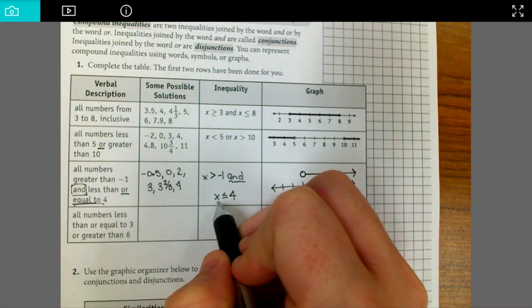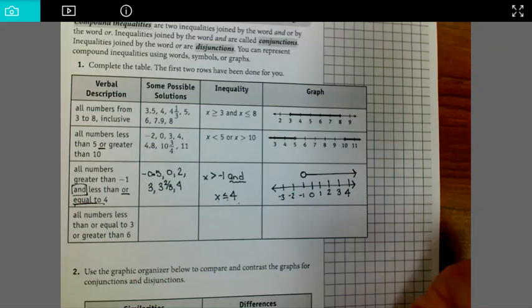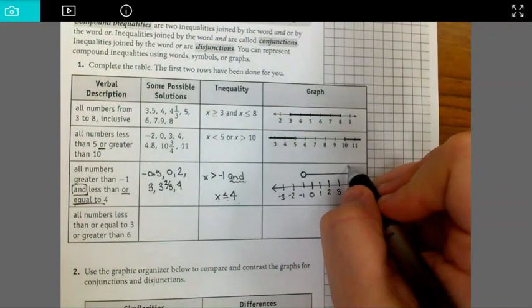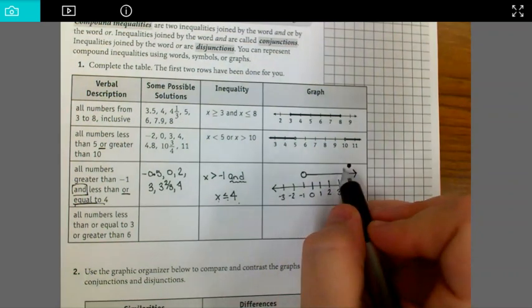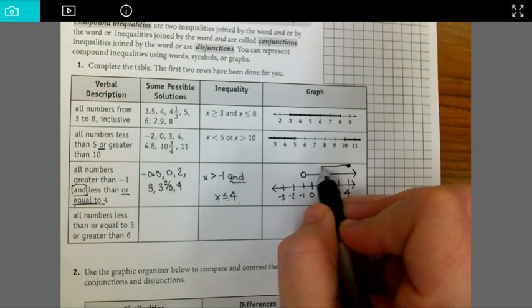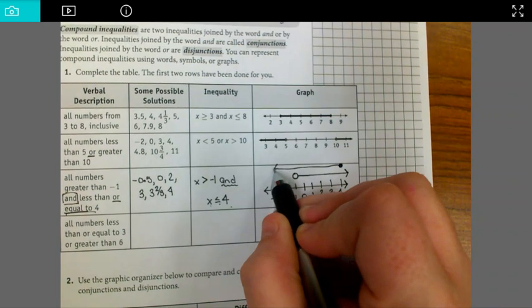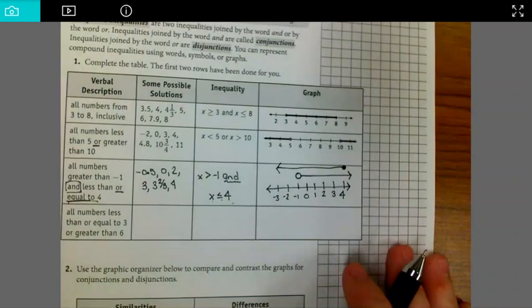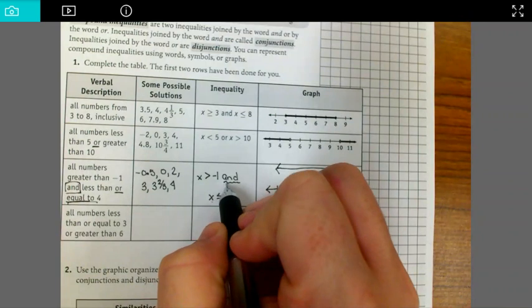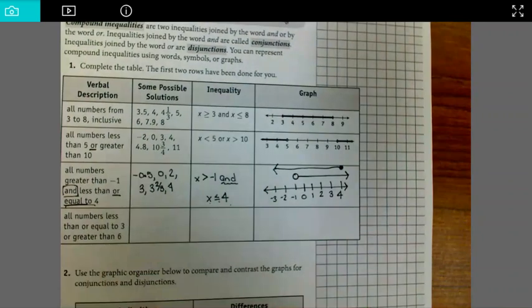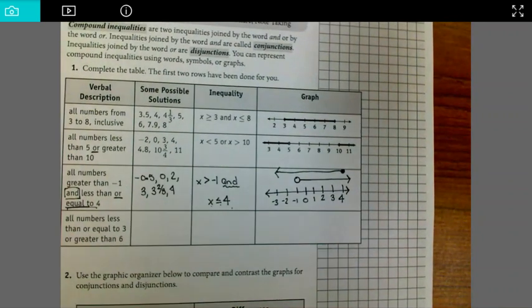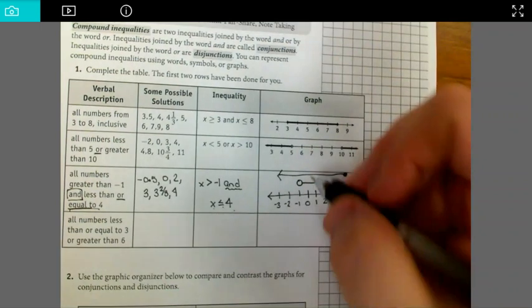And I want x is less than or equal to 4. So we're going to have a closed circle at 4, and it's going to be pointing to all the numbers that are to the left-hand side. Okay. Now, because we're talking about the word and, I want where the two graphs overlap one another, where they're the same.